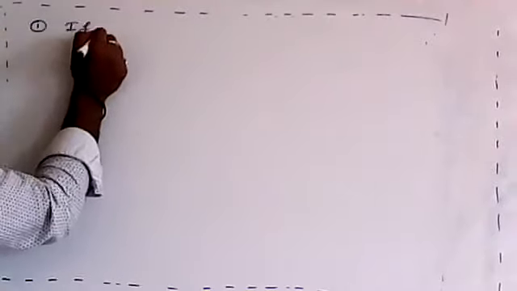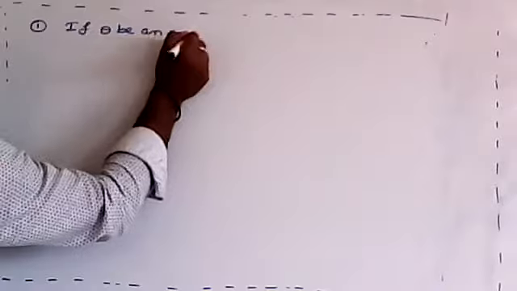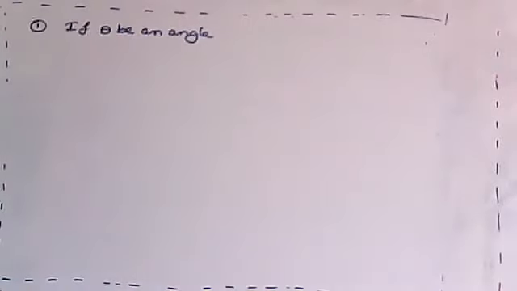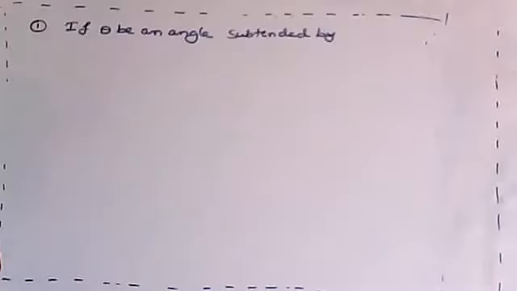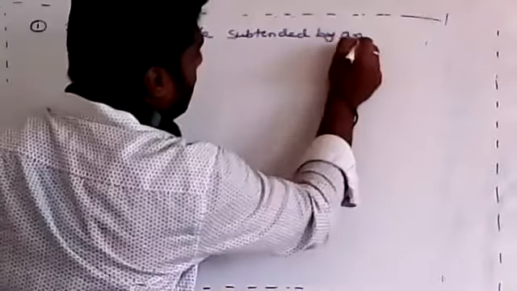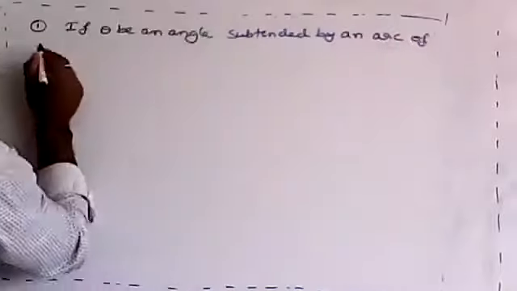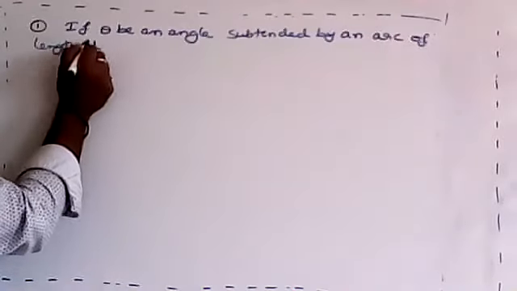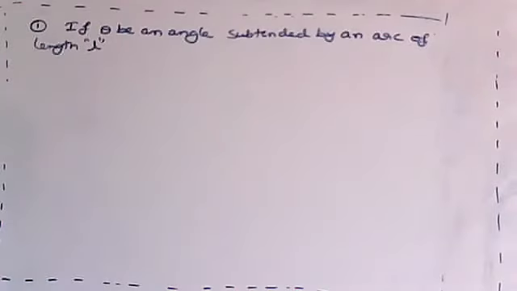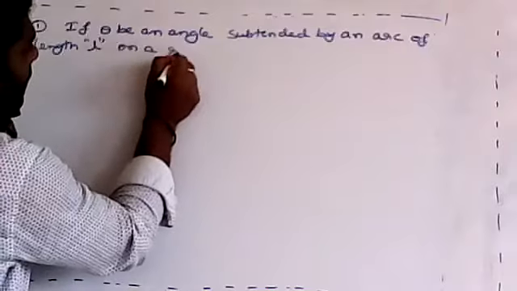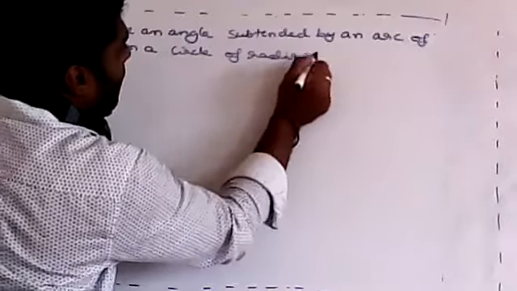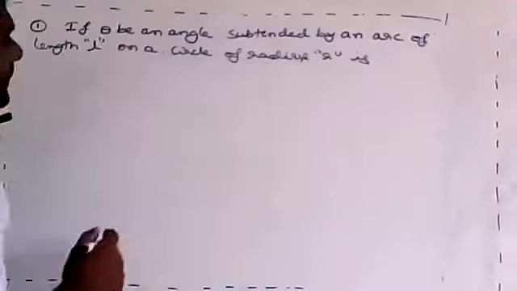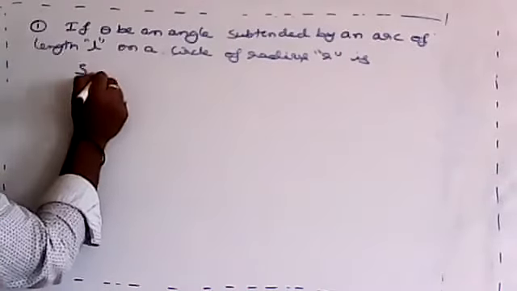If theta be an angle subtended by an arc of length L on a circle of radius R, then S equal to R theta, or L equal to R theta.